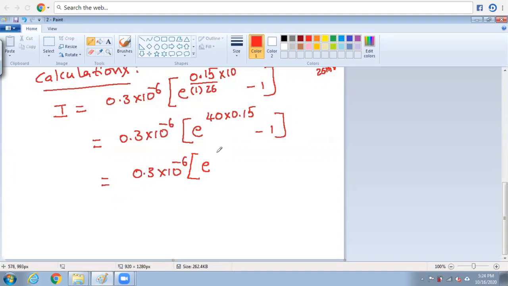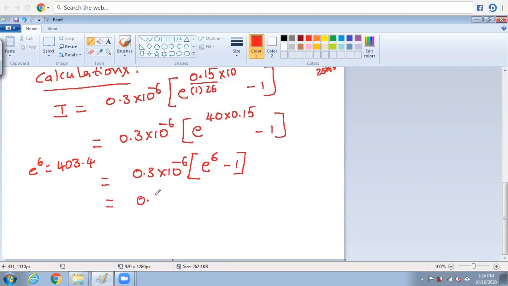So it's e to the power of 6, then minus 1. Then you have to use a scientific calculator to find the e to the power of 6 value. It is around 403.4; use the scientific calculator to get the exact value.